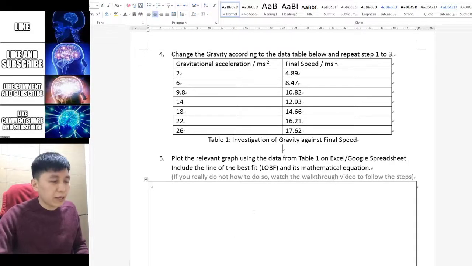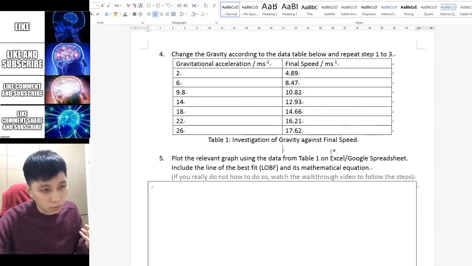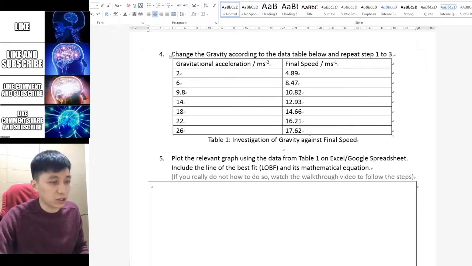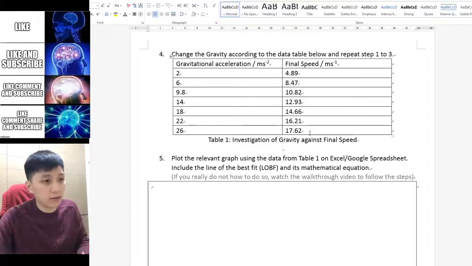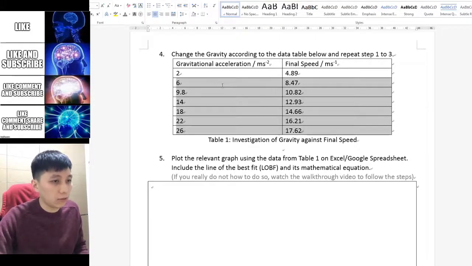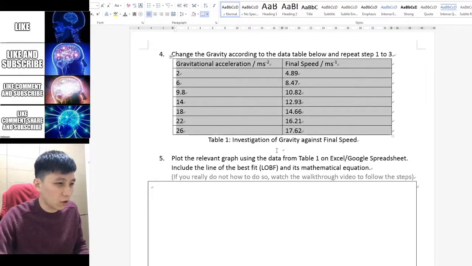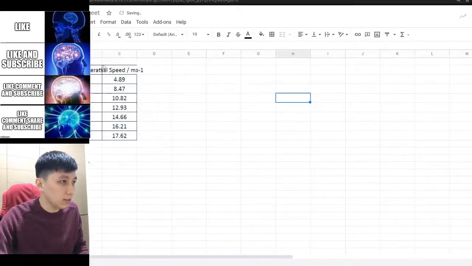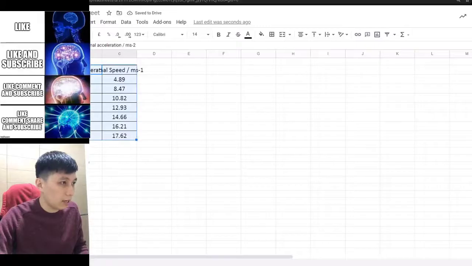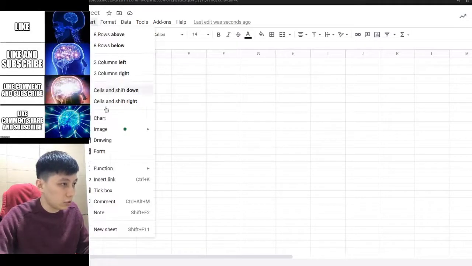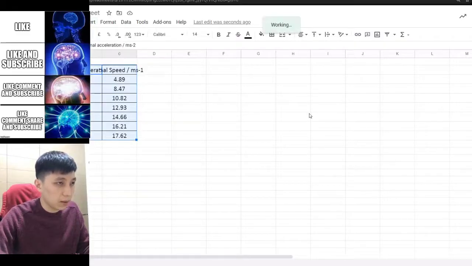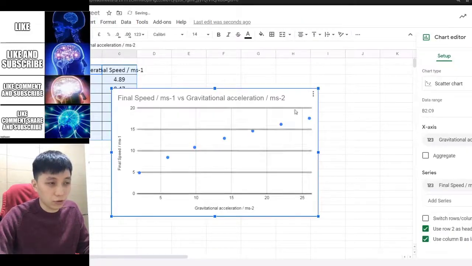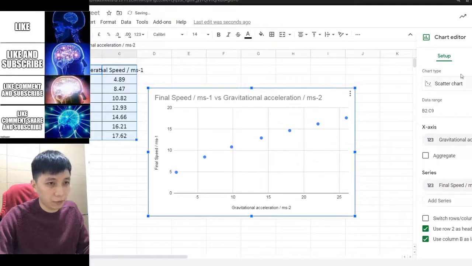The next thing that you need to do is to plot a graph using either Microsoft Excel or Google Spreadsheet. In case you don't have Excel, I'll demonstrate how you can do it with Google Spreadsheet. You just have to copy this to the Google Spreadsheet, and then highlight this whole table and click insert chart, and by default I think they would choose a scatter graph for you.